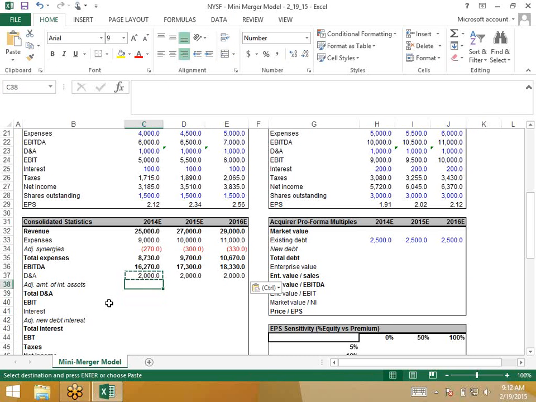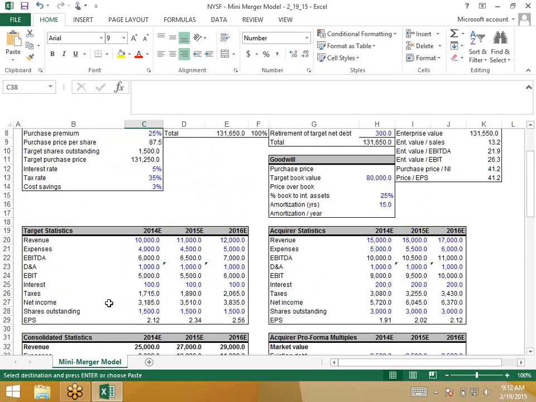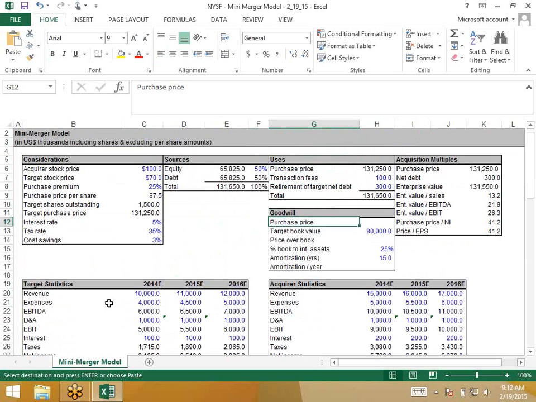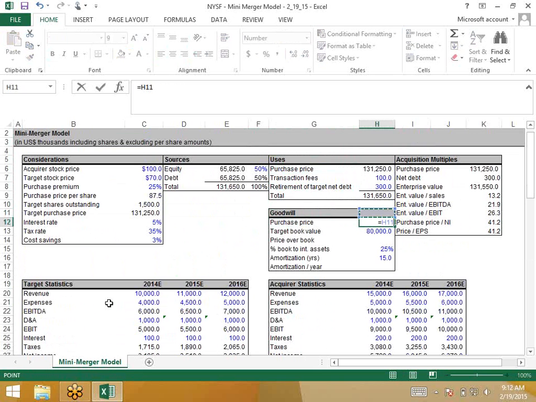And then we have our second adjustment, which is the amortization of newly identified intangible assets. We spoke about this yesterday. There's this goodwill box that's going to help us determine what those assets are. Right? So first of all, we take the purchase price and we compare that with the target company's book value.